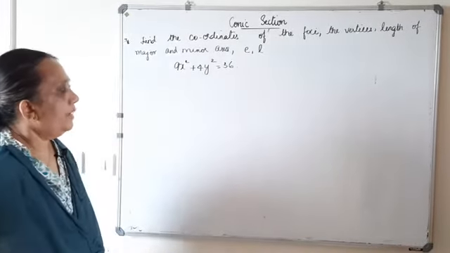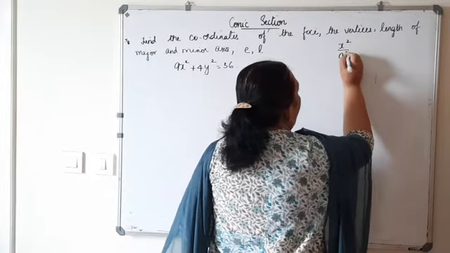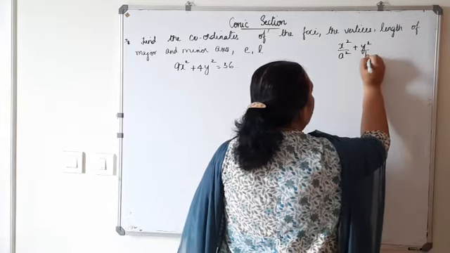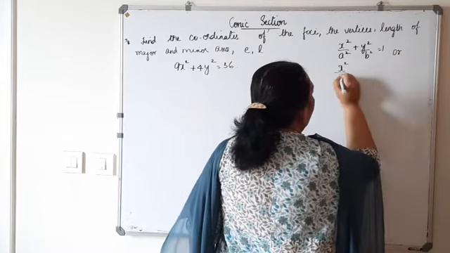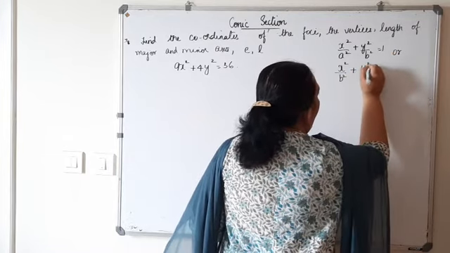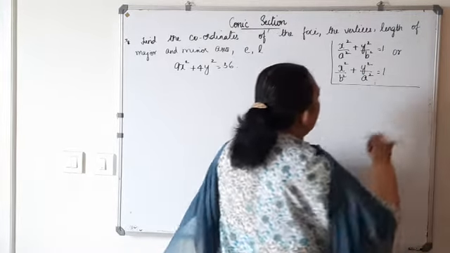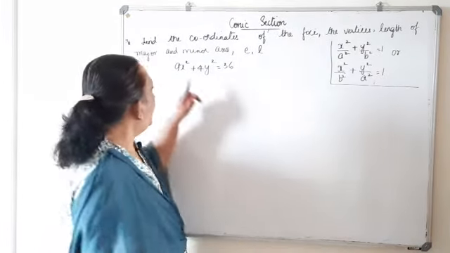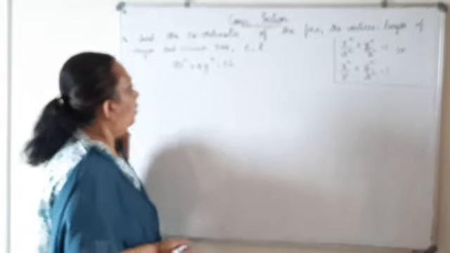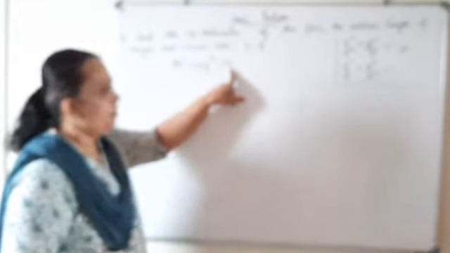Now the standard form of the ellipse will be either x squared by a squared plus y squared by b squared is equal to 1, or x squared by b squared plus y squared by a squared is equal to 1. When you examine, you can see that the coefficient of x squared and y squared is equal to 1, and in between the sign is positive. Now in the given example, the coefficient of x squared and y squared is not equal to 1, and the right side is also not equal to 1.